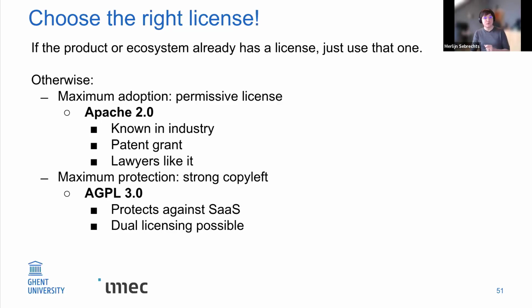AGPL 3.0 is a strong copyleft license that ensures that anyone using your open source code needs to open source the entire application that is using that code. Moreover, even if the company that is using your code only uses it in server-side software, they still need to open source their entire code base.